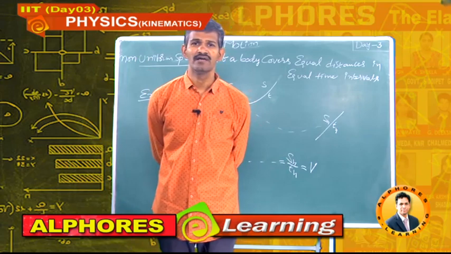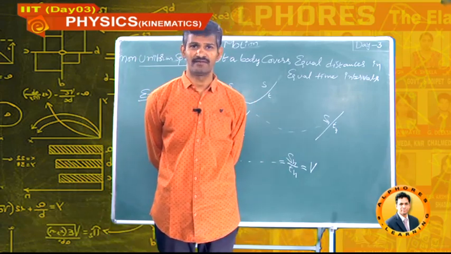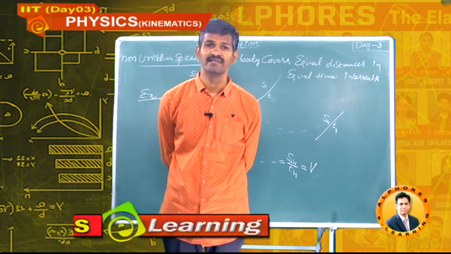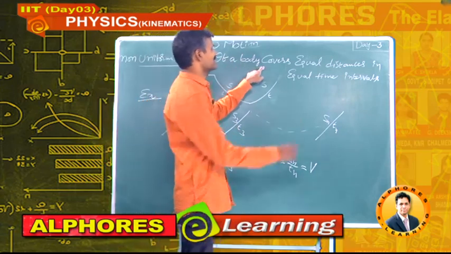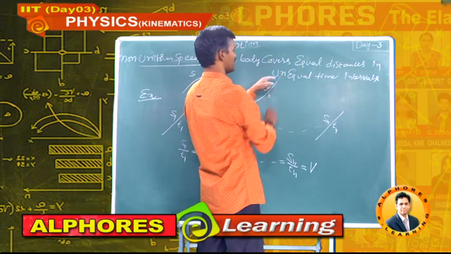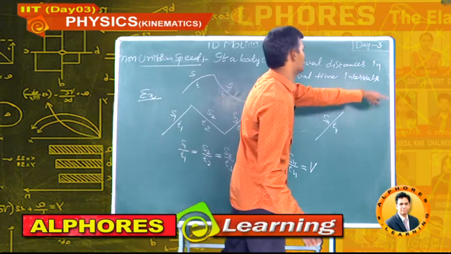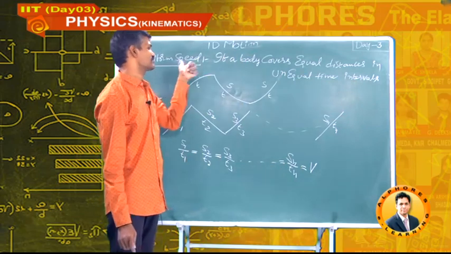Students, our next speed is non-uniform speed. What is non-uniform speed? Non-uniform speed in the sense, if a body covers equal distances in unequal time intervals, then that body is said to be in non-uniform speed.